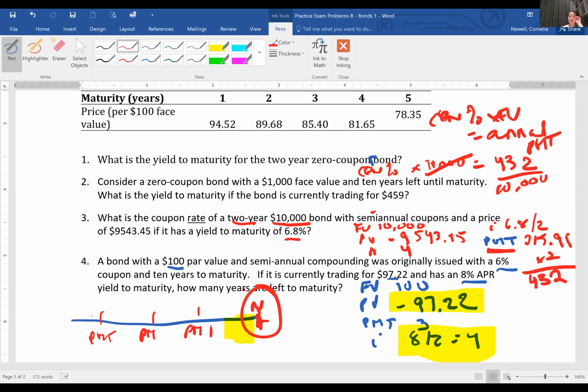And that's why MyFinanceLab is really a good chance to just repeat it and repeat it until it gets familiar. So find some MyFinanceLab problems that are not long problems, that are a little bit more straightforward.